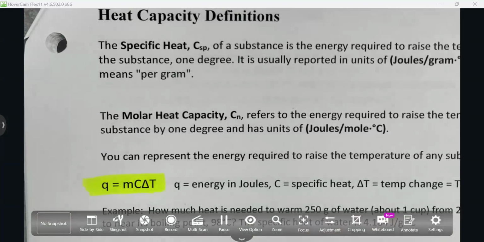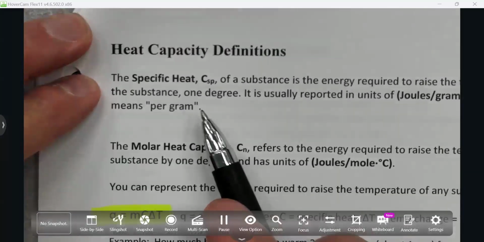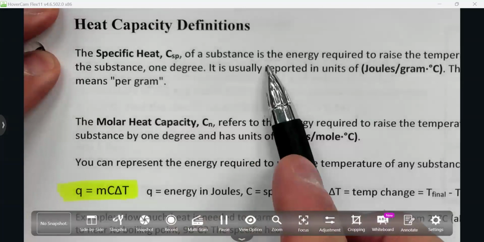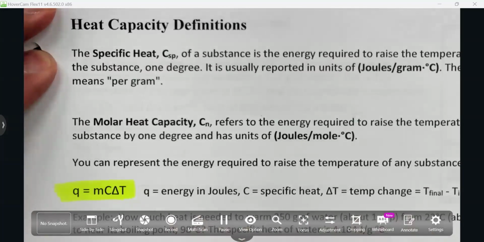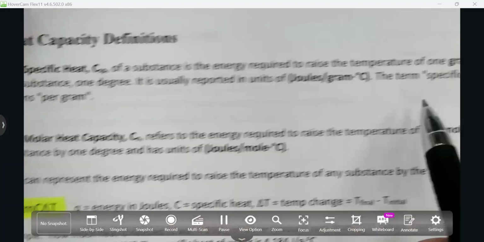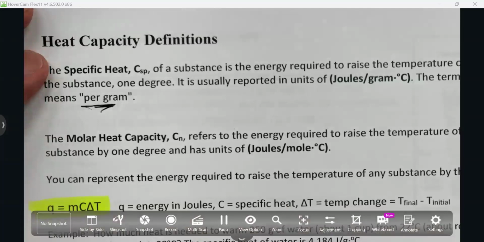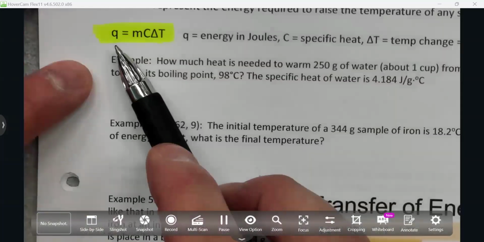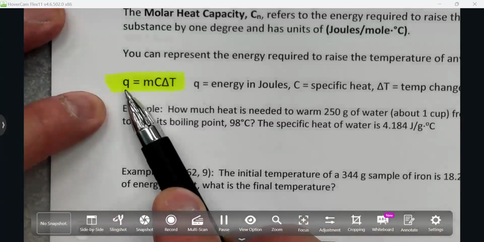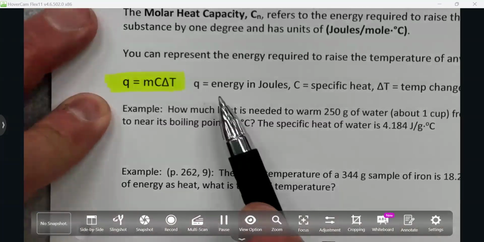Okay, so specific heat, again, is the energy required to raise the temperature of 1 gram of a substance 1 Celsius degree. The term specific means per gram. How do we calculate specific heat? Q is my heat energy in joules.